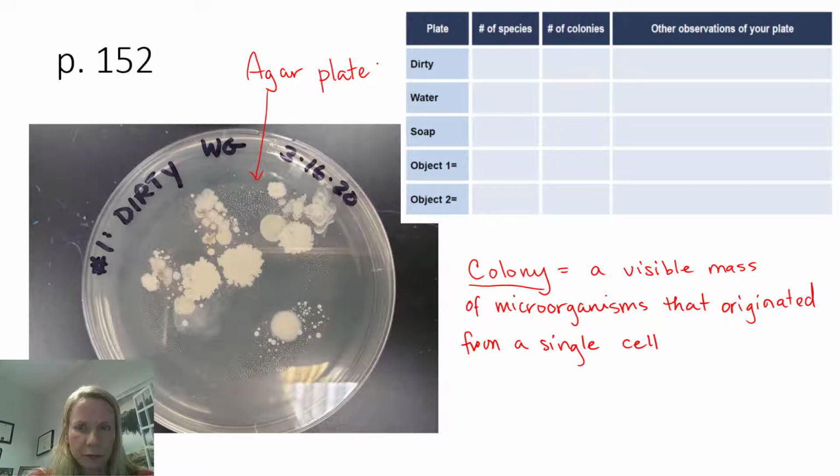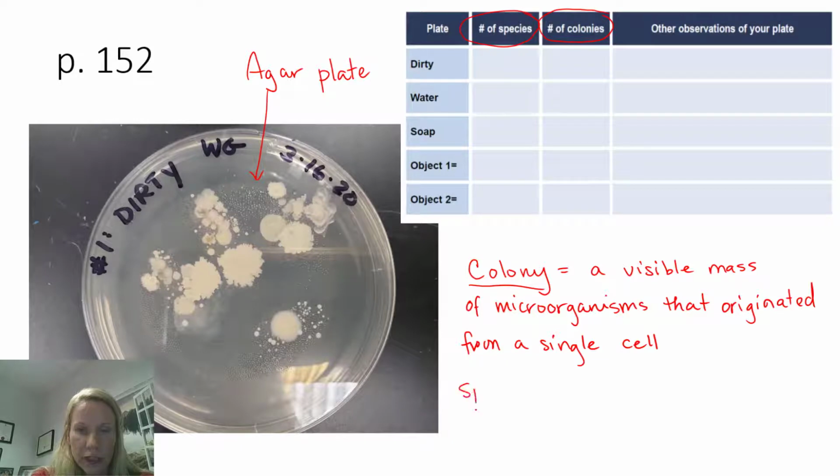And so we want to determine from the chart the number of colonies. So how many individual spots do we see? Realizing that some of these are very large. And then we also want to describe the number of species that we see.